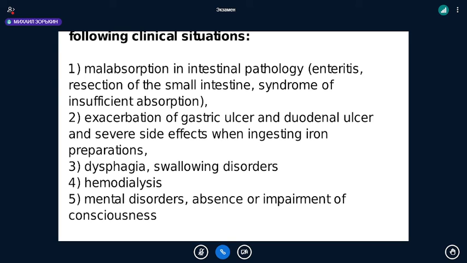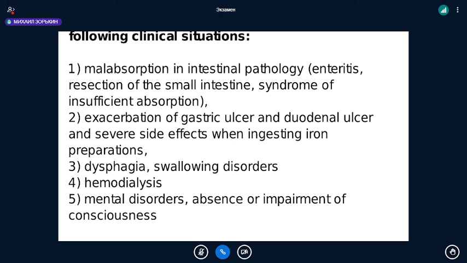But when the serum iron is not increased, we will have to go for the parenteral treatment of the iron deficiency anemia, because in other cases, when we continue oral therapy with iron preparations, and this iron is not absorbed, this treatment is useless.